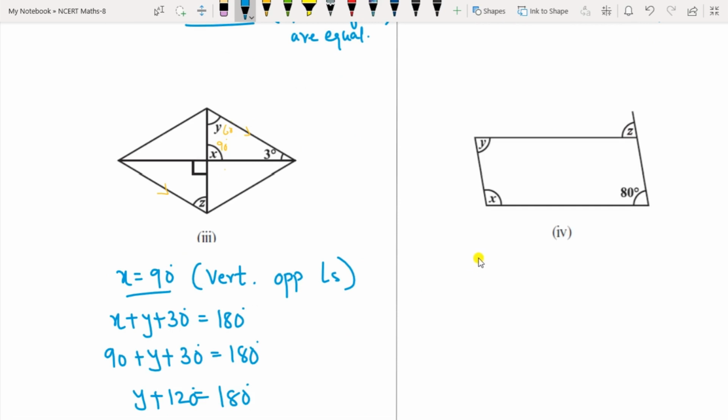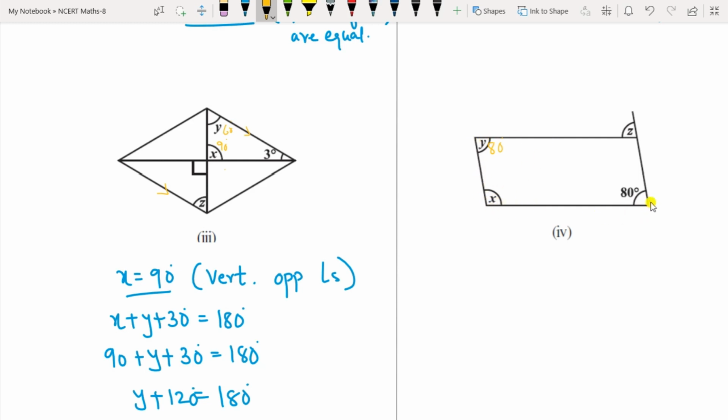Then question number 4 here. z is an exterior angle. One interior angle is given as 80. So obviously y will become 80 because these are opposite angles of a parallelogram. Then with this 80, x is forming what? Co-interior angle.